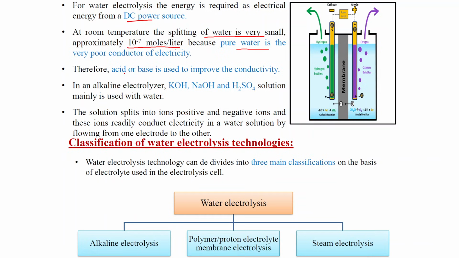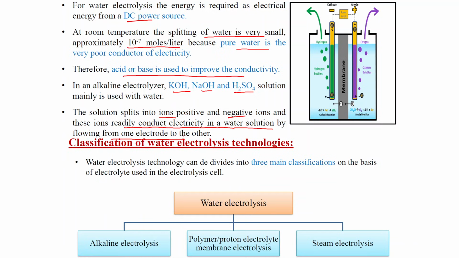Okay. So therefore, acid or base is used to improve the conductivity. In an alkaline electrolyzer, potassium hydroxide, sodium hydroxide, or sulfuric acid solutions are mainly used with the water to improve its conductivity. Okay. The solution splits into positive and negative ions, and these ions readily conduct electricity in a water solution by flowing from one electrode to the other.